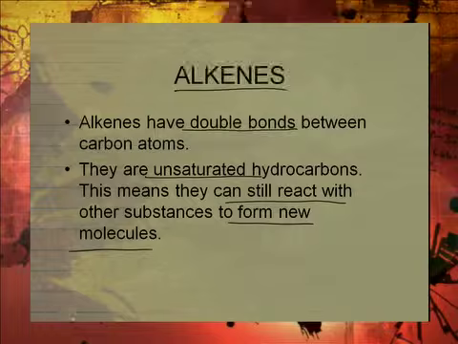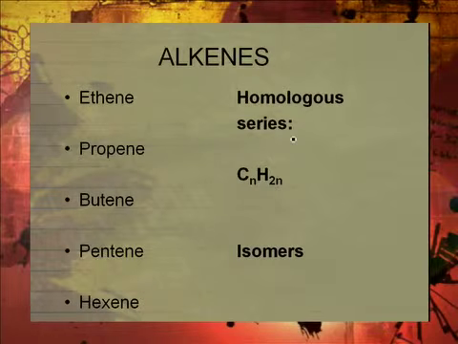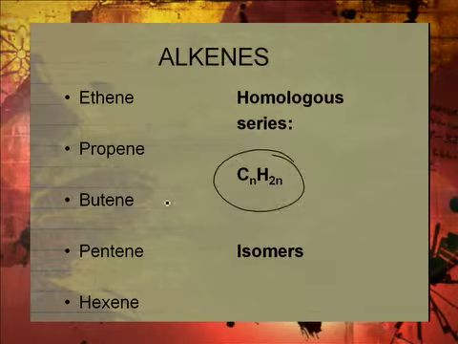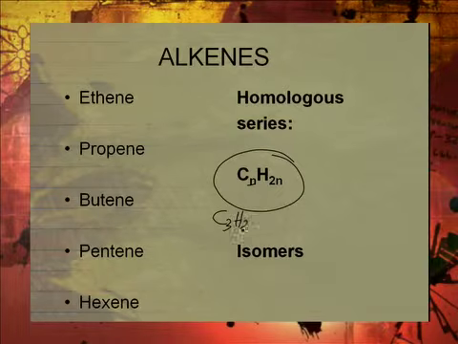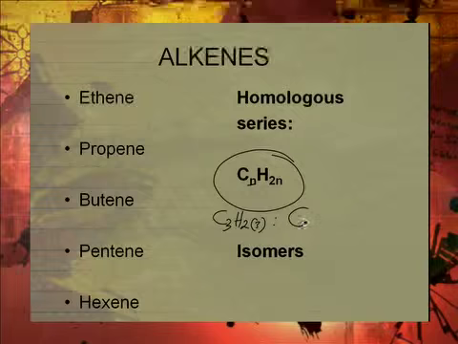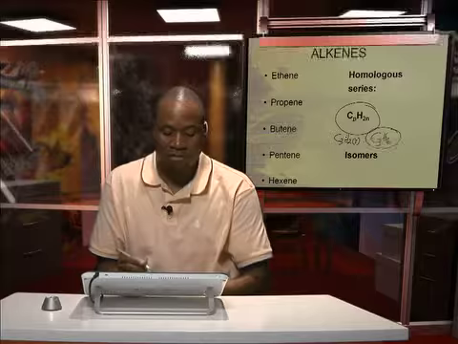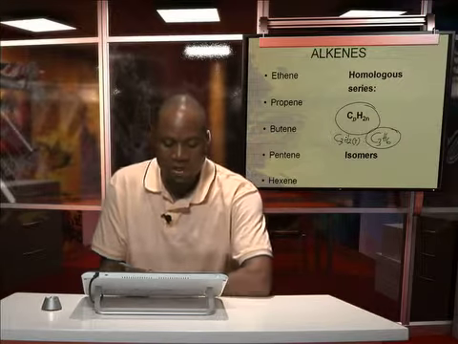Now the homologous series for them is CnH2n. How does this work? Again, you can take an example of propene, 3 carbon atoms. It's going to be C3, n is 3, H2 times 3. And what do we get? This gives us C3H6. That will be the molecular formula of propene.